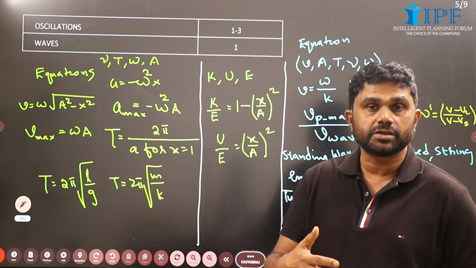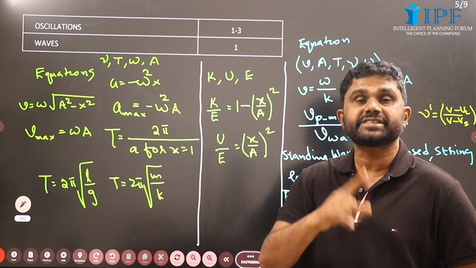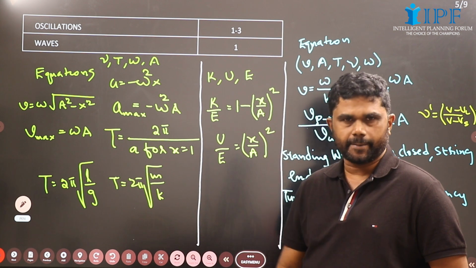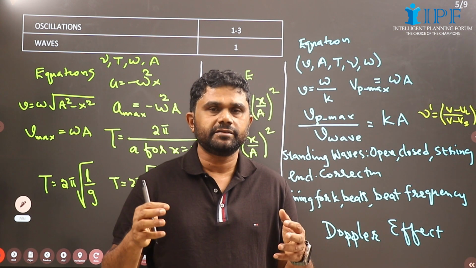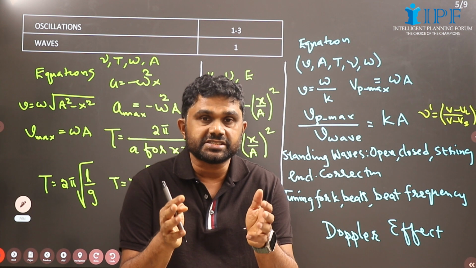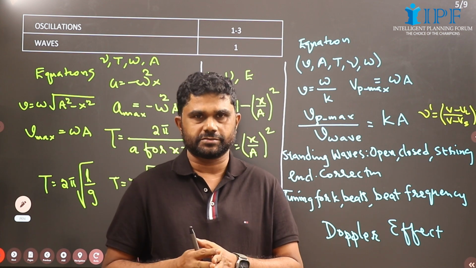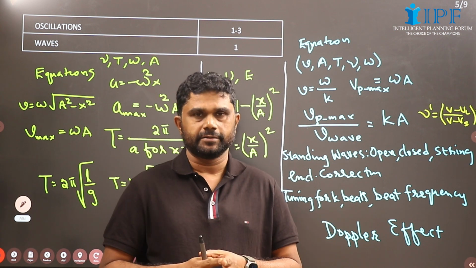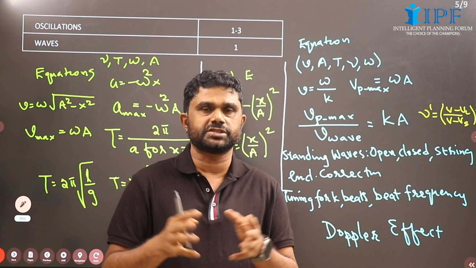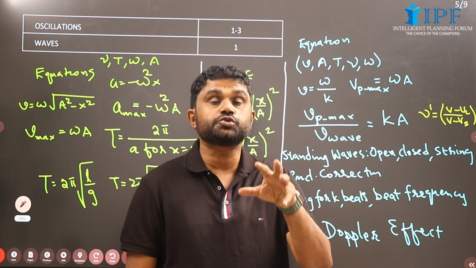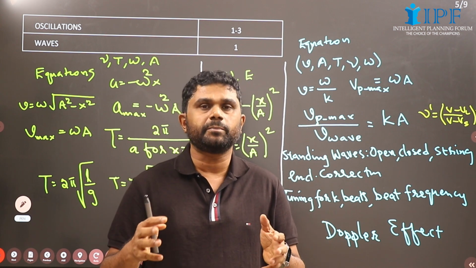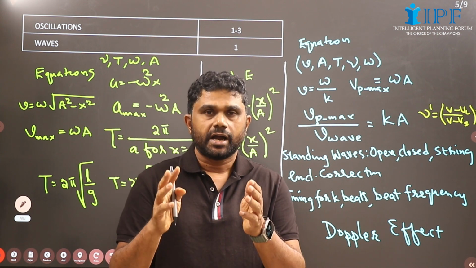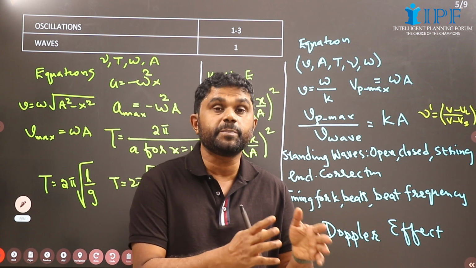You may be asked to find the resultant amplitude. It is under root 3 square plus 4 square. In vectors, we find the resultant magnitude of two vectors as under root P square plus Q square plus 2PQ cos theta. Similarly, when two simple harmonic motions along the same line are superimposed, the resultant amplitude can be found using the same formula, under root a square plus b square plus 2ab cos phi.